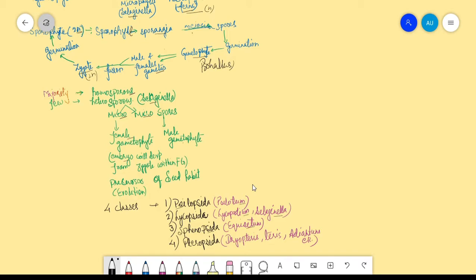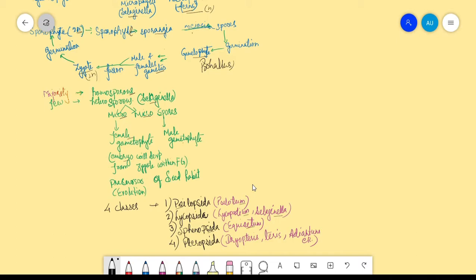Now, the sporophyte is a multicellular structure, and the gametophyte is also multicellular, but the difference is that the sporophyte is a diploid structure, that is 2n, and the gametophyte is a haploid structure, that is n. Both are performing photosynthesis, but their structure is different.